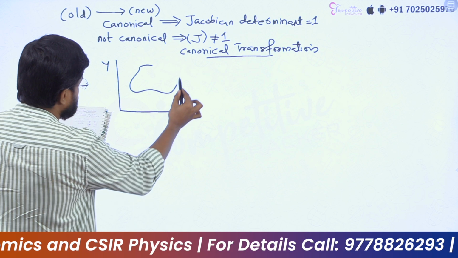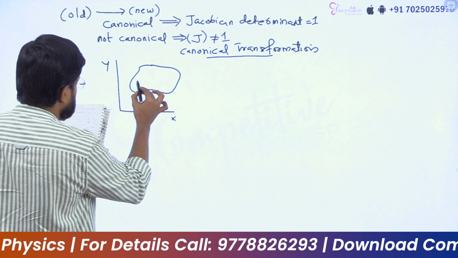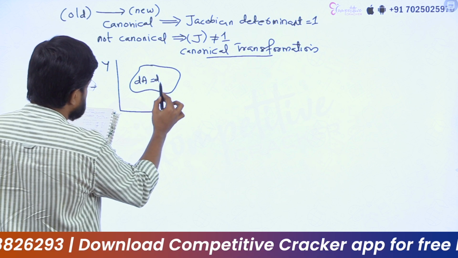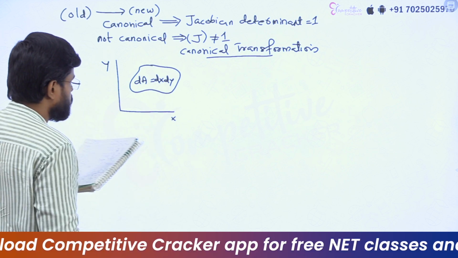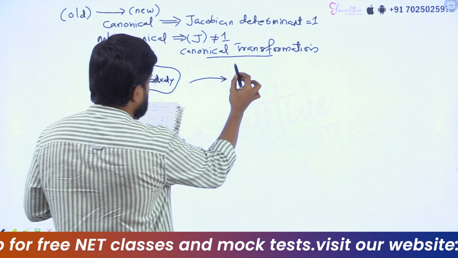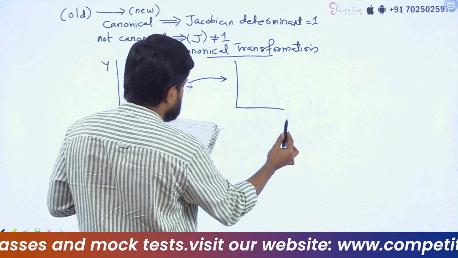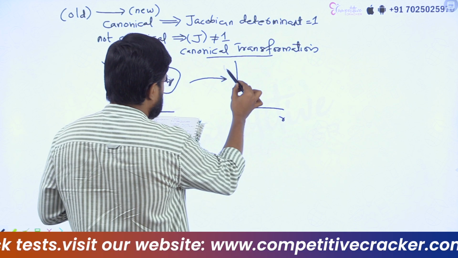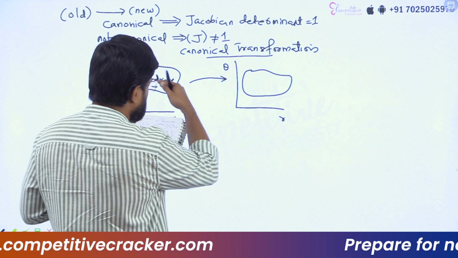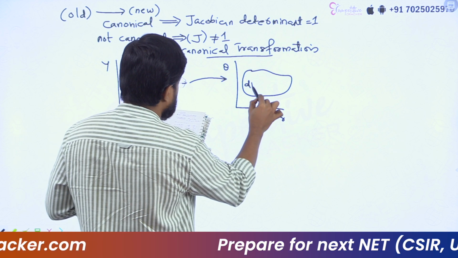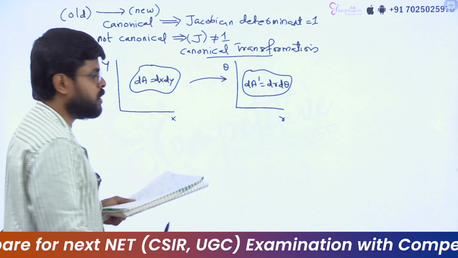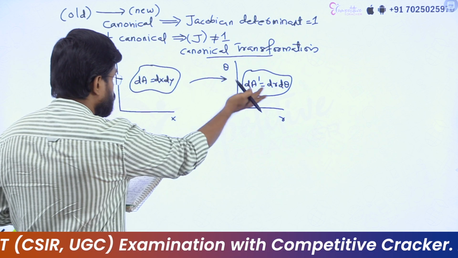I have some function here, and the area defined by it is given by length into breadth, that is dx into dy. I am transforming from this coordinate system to another coordinate system, r and theta. There also I am maintaining the same area. So this new area dA prime will be equal to dr into d theta.